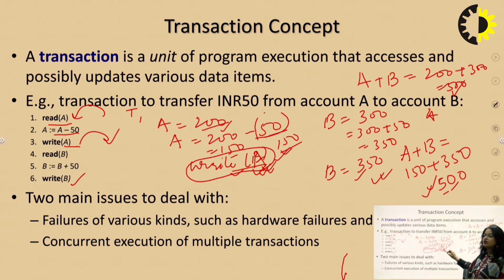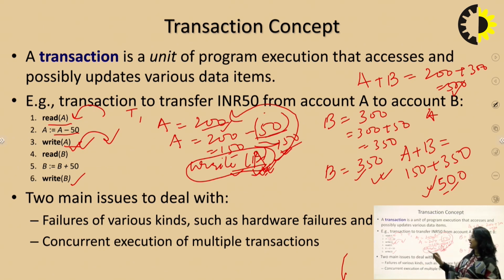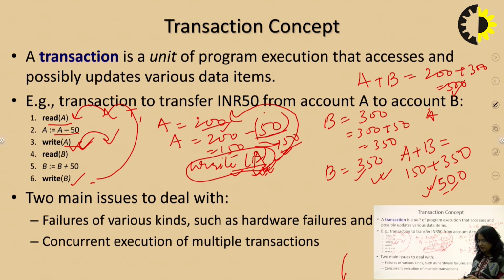In that case, the value of account A will reflect 200 again, because we are doing this in the local buffer, and only after updating does it go into the database. So if step number 3 we are not able to do, then the atomicity property says that if an error happens at any point, we have to restart from the start, either all operations or none. This is what we call atomicity.